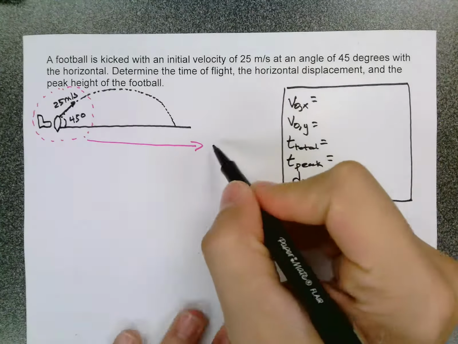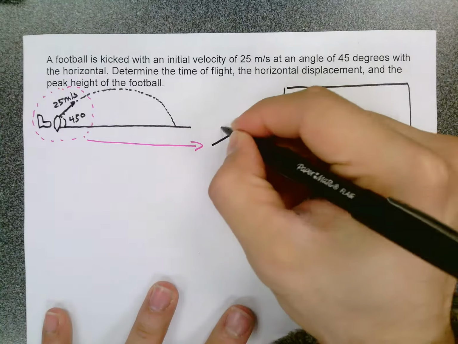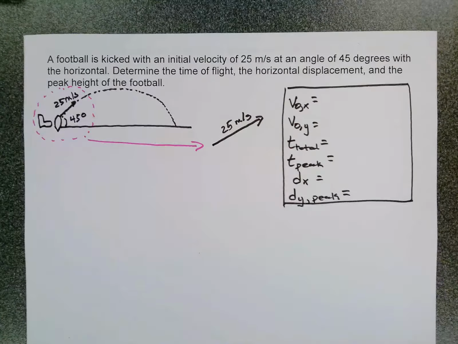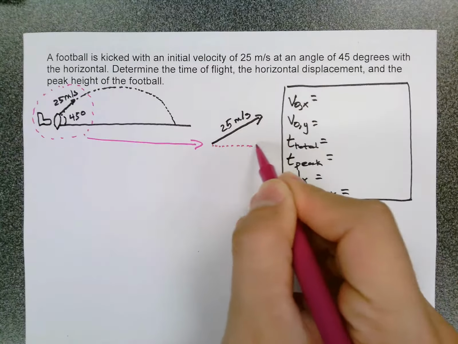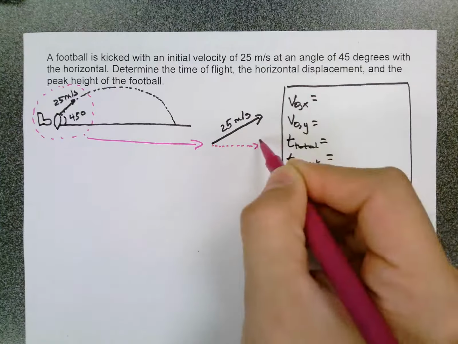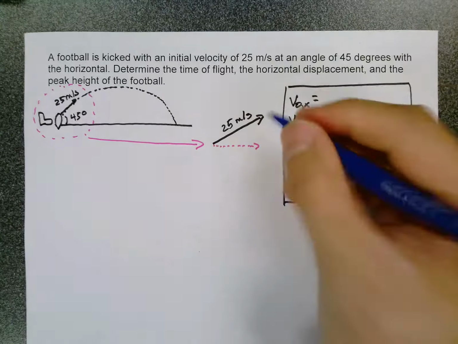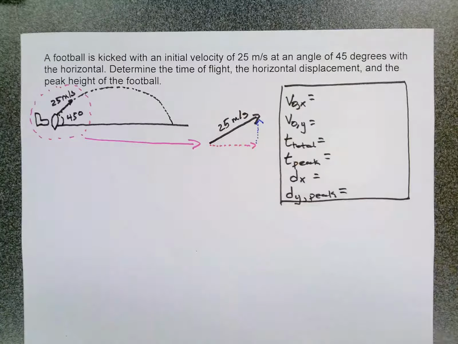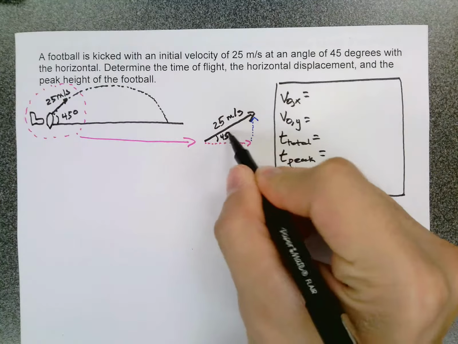So I'm going to take a vector that is 25 meters per second, and it will be decomposed into a horizontal velocity and a vertical velocity. This is at an angle of 45 degrees.